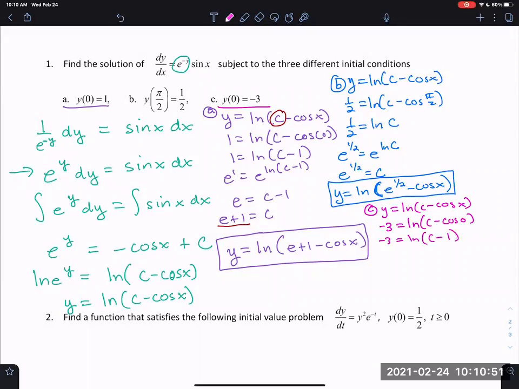So again, exponentiating both sides, e to the -3 equals c minus 1. So e to the -3 plus 1 is c. So my final answer for C would be y equals natural log of e to the -3 plus 1 minus cosine x.